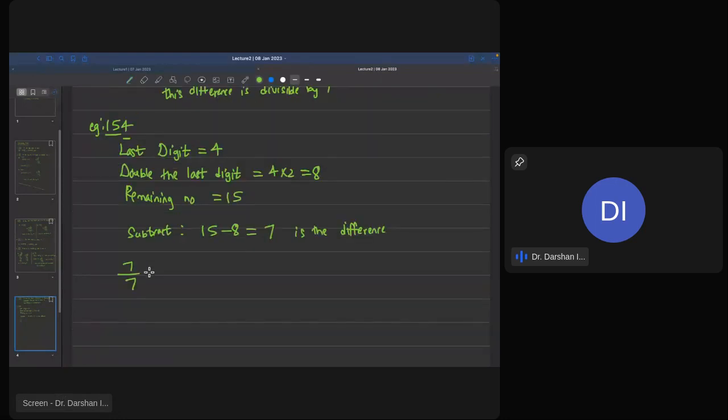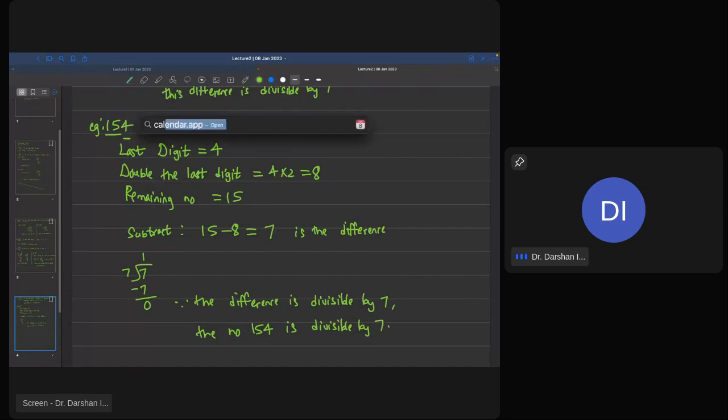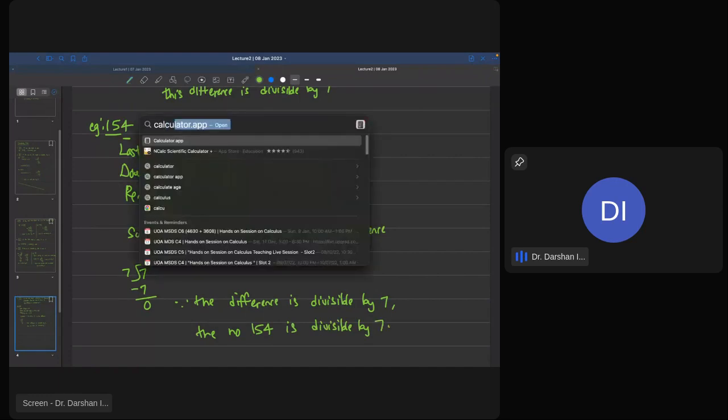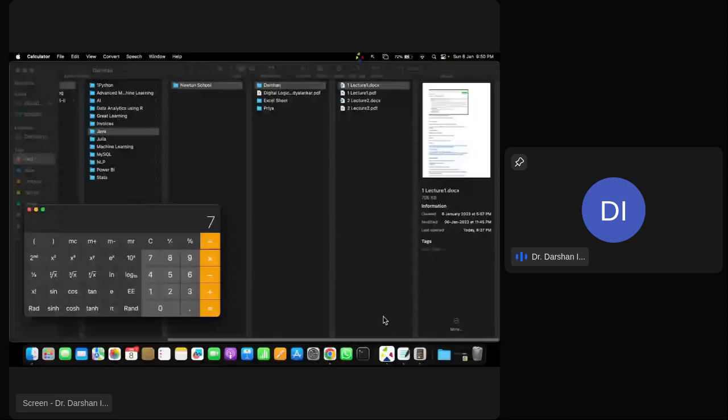Yes. So I can write it like this. I say, since the difference is divisible by 7, the number 154 is divisible by 7. 154 divided by 7 is equal to 22.